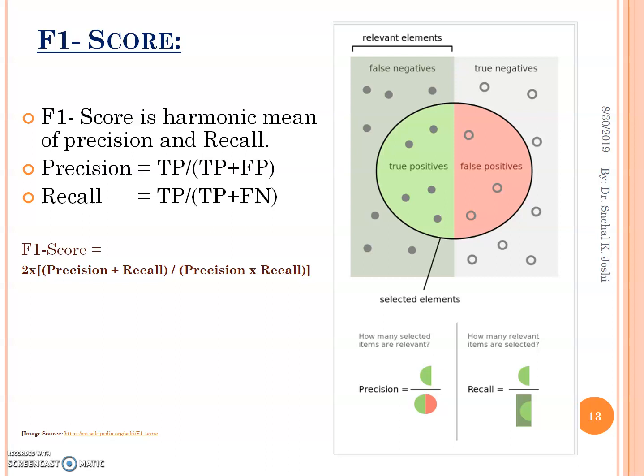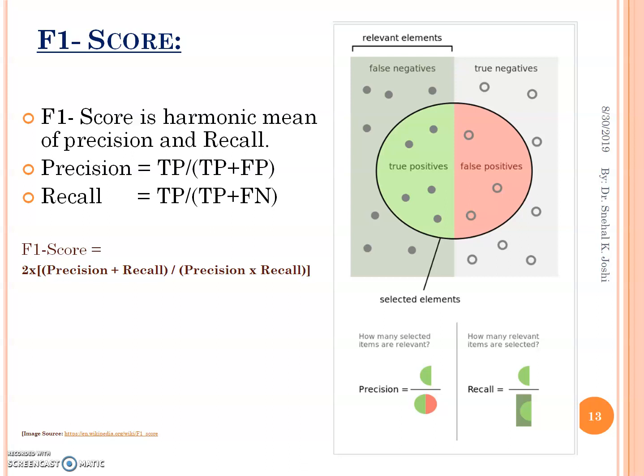True positive is when the actual value is true and the predicted value is also true. True negative is when the actual value is false and the predicted value is also false. False positive is when the actual value was false but the predicted value is true. Similarly, false negative is when the actual value was true and the predicted value is false.